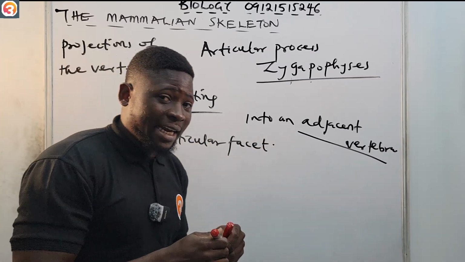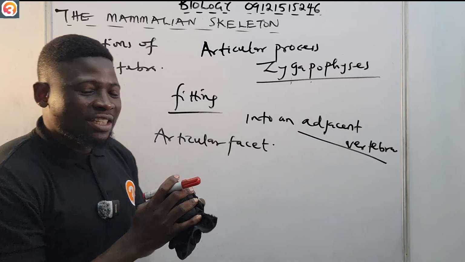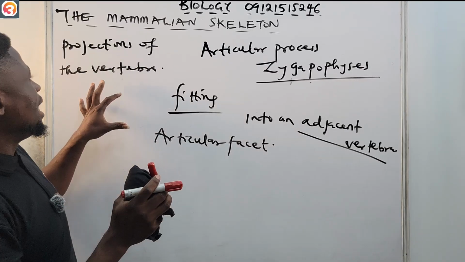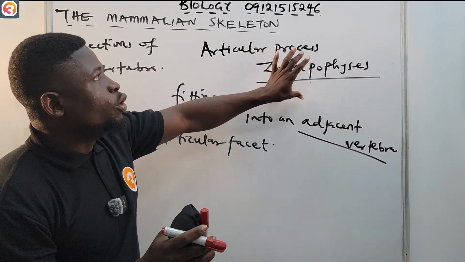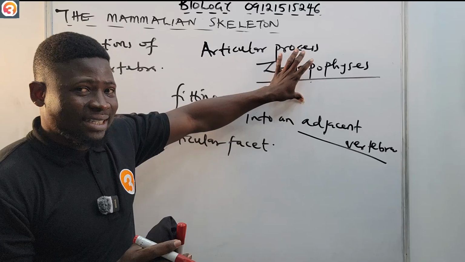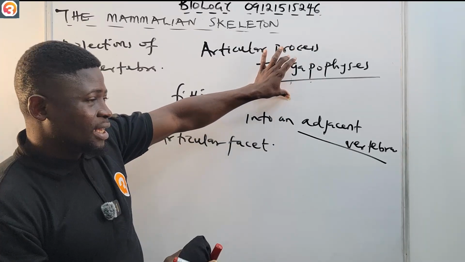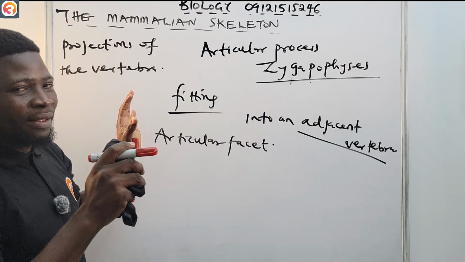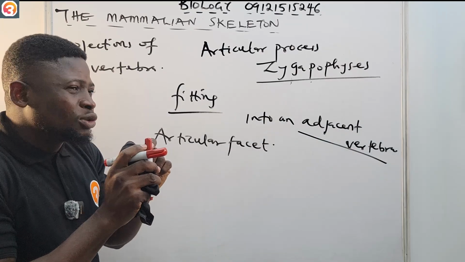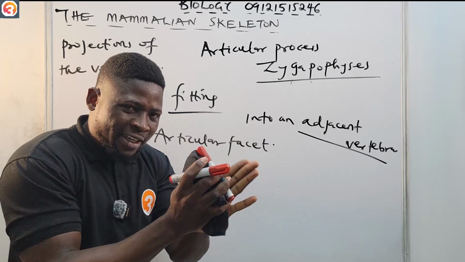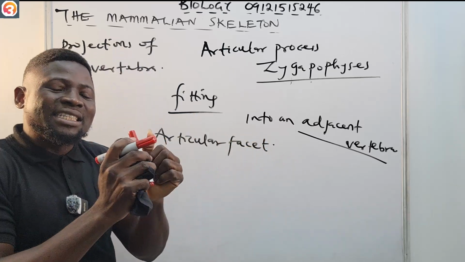All right, should I go over that again? I said that the vertebral column also consists of articular processes that are known as zygapophysis. These zygapophysis, or articular processes, are actual projections of the vertebra that serve the purpose of fitting into an adjacent vertebra.